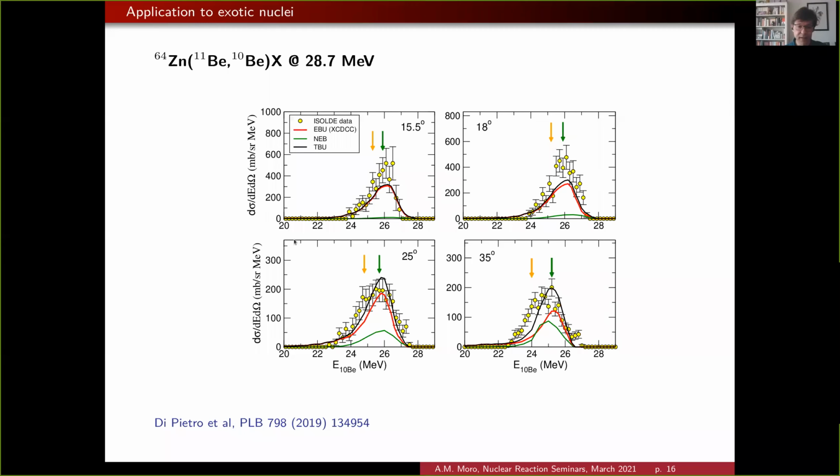And this is the beryllium-10 energy distribution at several specific angles. And once more, you see that the elastic breakup contribution is not enough to describe the data. In this case, elastic breakup is dominant, and this is also something that happens with neutron halo nuclei.